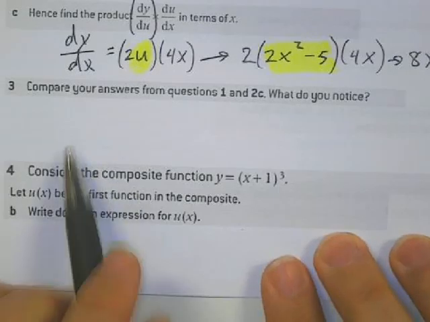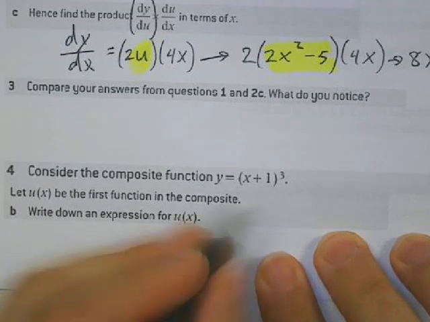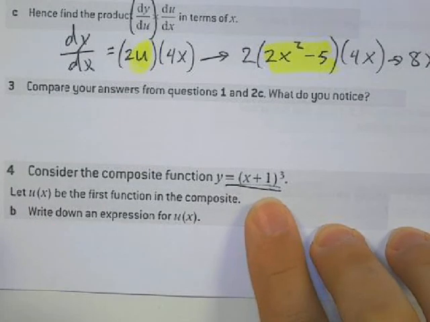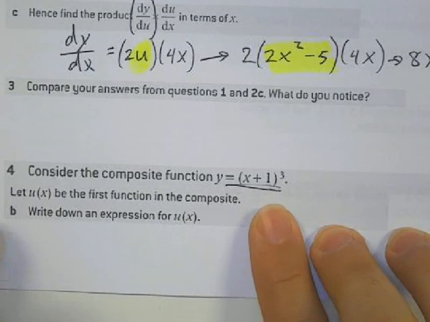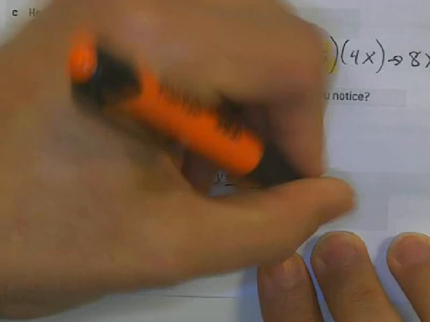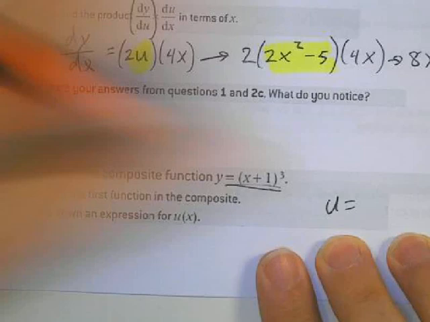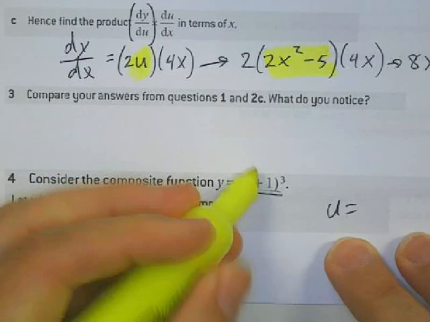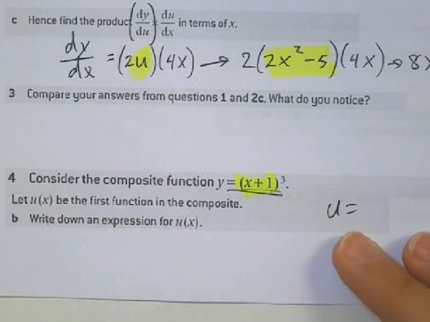Consider the composite function where y equals (x plus 1) cubed. Write down the expression for u. So we're going to say u is equal to this part right here, x plus 1.